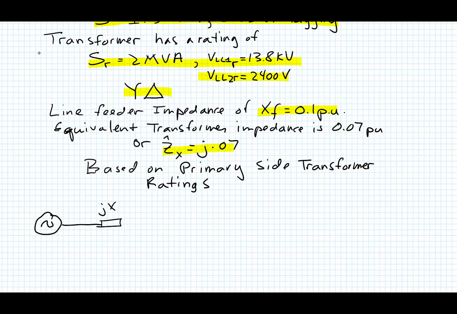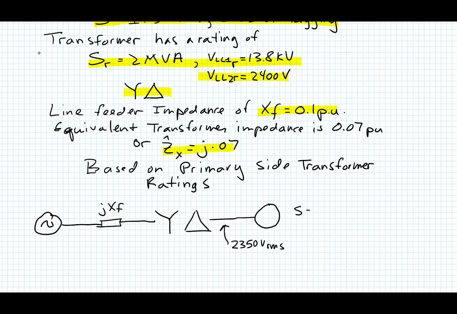There's the impedance, X feeder. There's your Y delta. And there's your building load right there. There's a measurement of 2350 volts RMS right here coming out of that transformer.